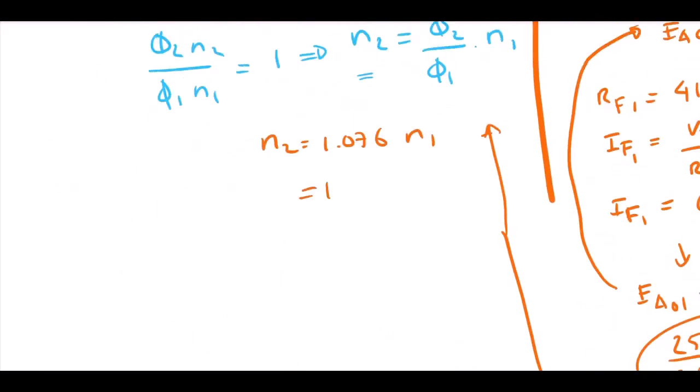So 1.076 times 1103, and this should give us 1087 RPM. Yeah, so that's the answer.